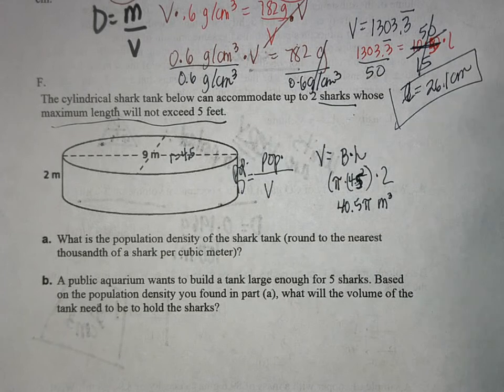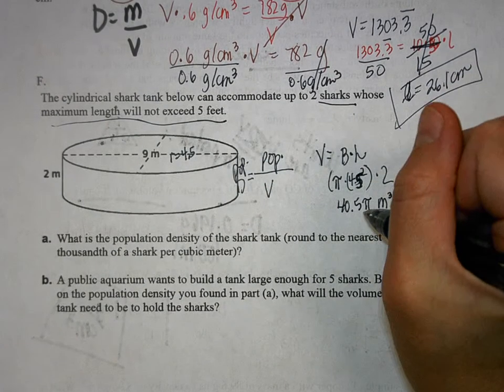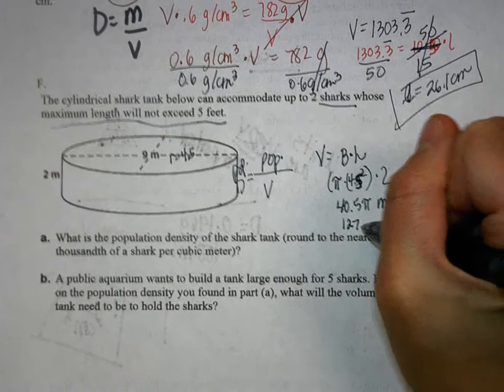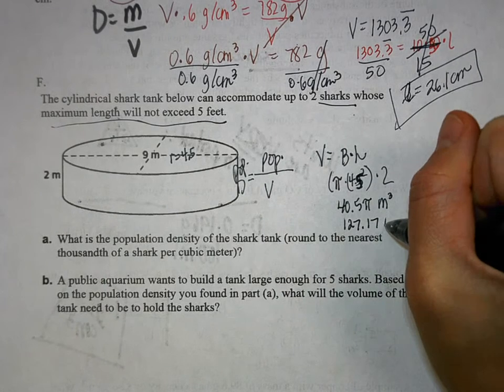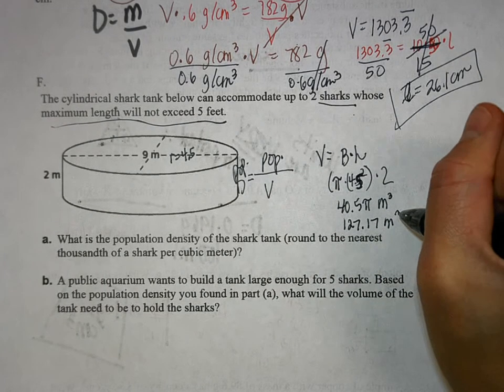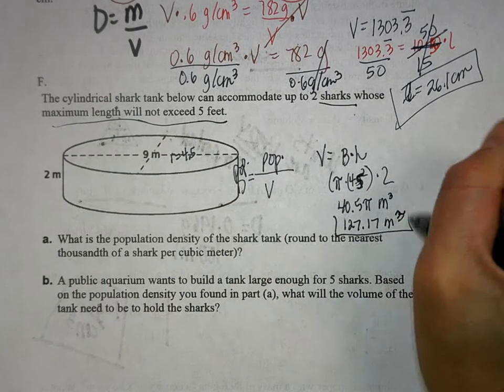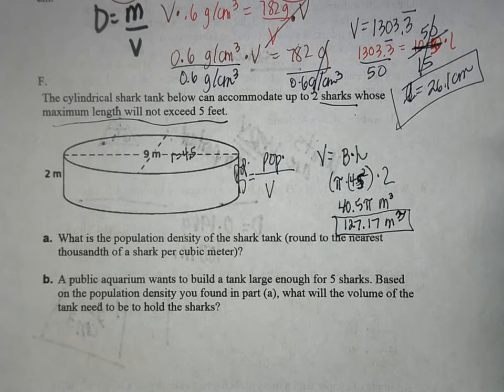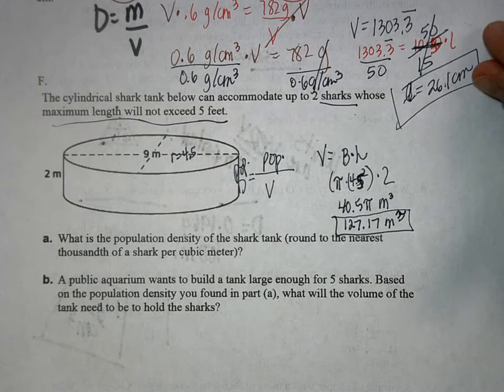In case some of you don't have pi in your calculators, we'll just multiply 40.5 times 3.14. When you do that, you get 127.17 meters cubed.